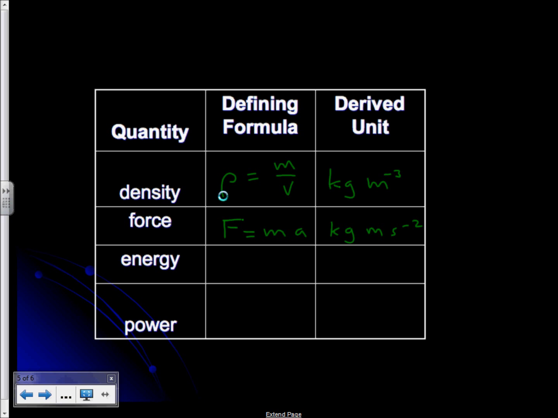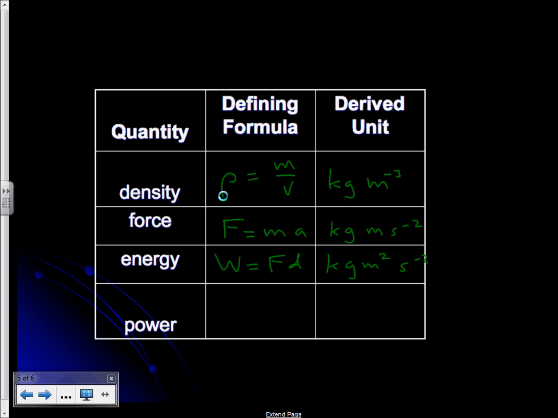Energy, well, energy transfer is the same as work done, and work equals force times distance. So we can take our base units or our derived units here for force and multiply by meters to correspond to distance. So kg, meters, multiply again by meters for the distance, so it becomes meters squared, seconds to the -2.